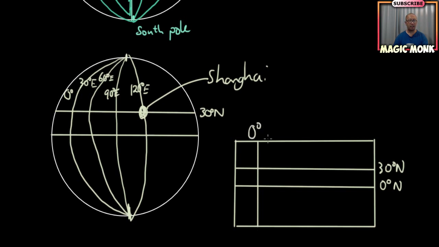These are lines of longitude I'm drawing vertically: 30, 60, 90, 120.